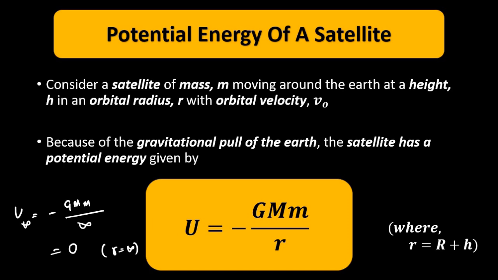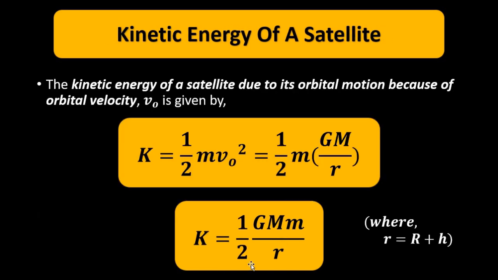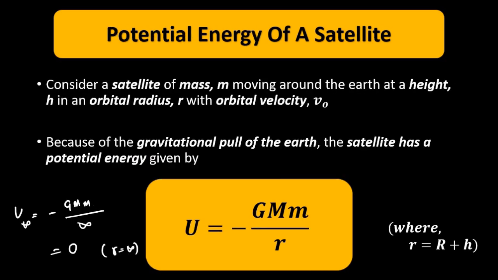Then the kinetic energy. Kinetic energy is 1/2 GMm by r. So here also the kinetic energy at infinity, that is r is equal to infinity, will be equal to 1/2 G capital M small m by infinity, which is equal to 0. So potential energy at infinity is also 0 and the kinetic energy at infinity is also equal to 0.